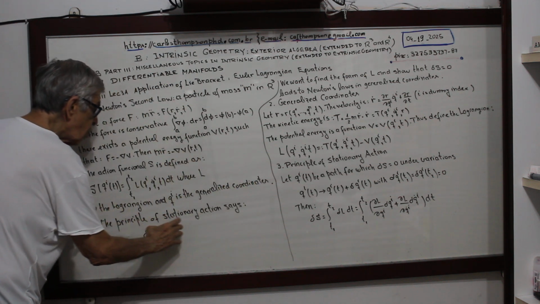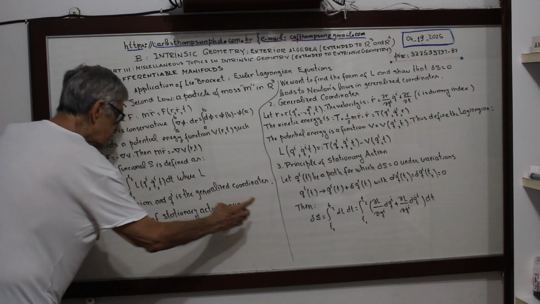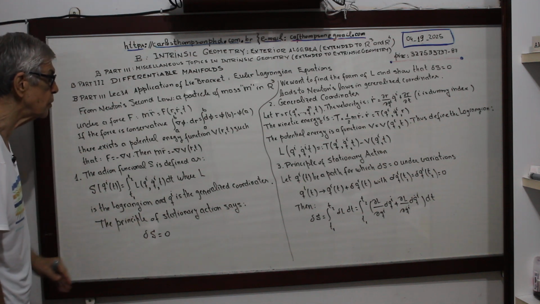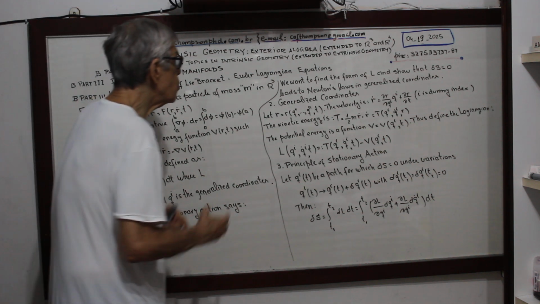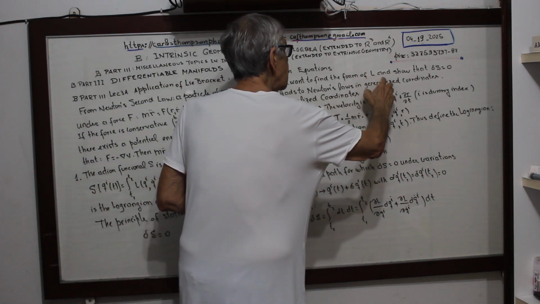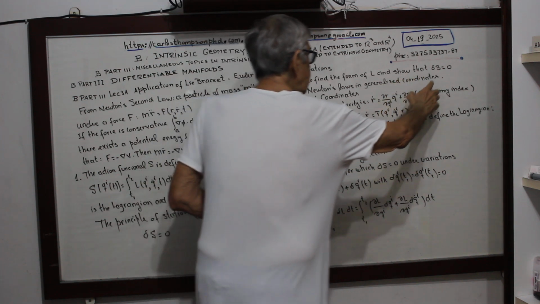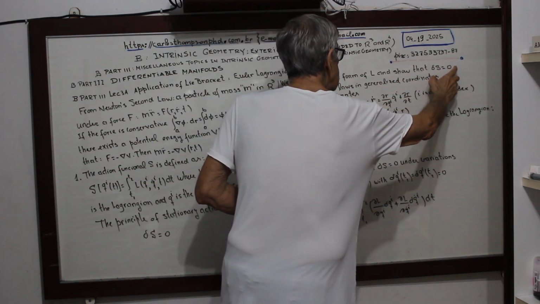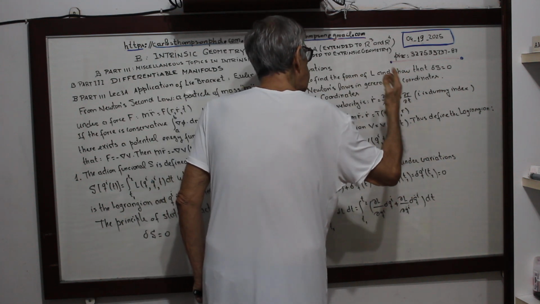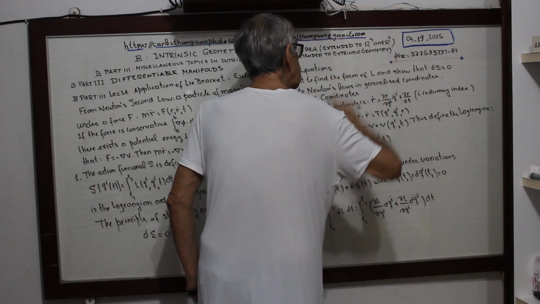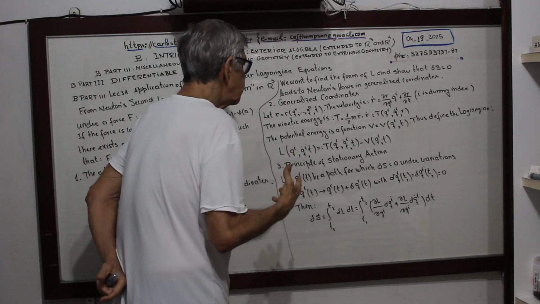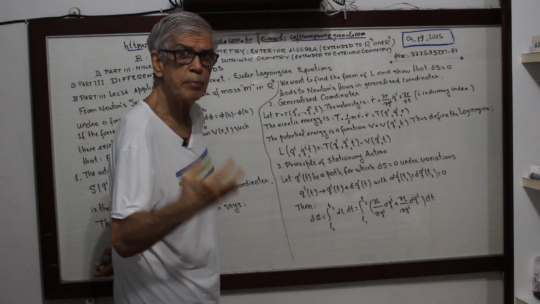The principle of stationary action says delta S is equal to 0 by definition. Now, we want to find the form of L and show that the variation of S is 0. And this will find the Lagrangian, how it relates to the kinetic energy and the potential.